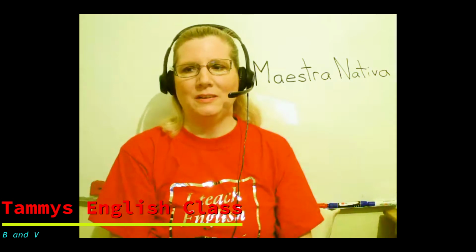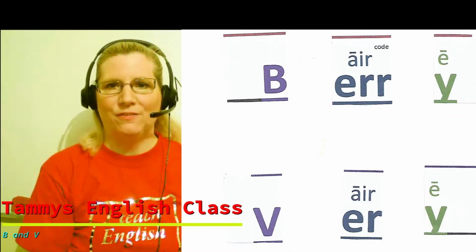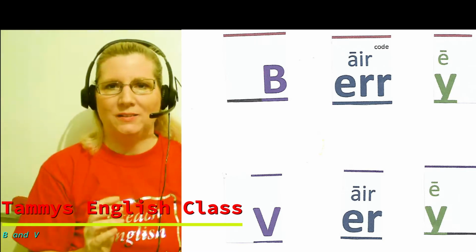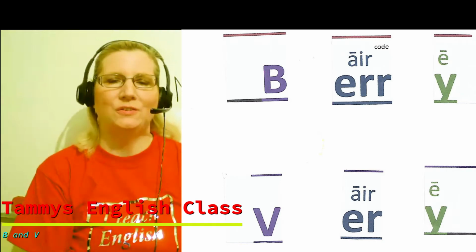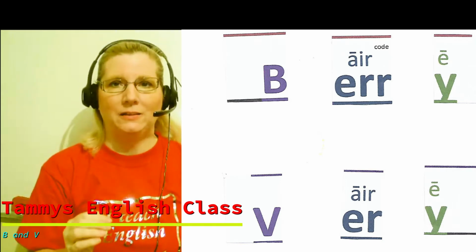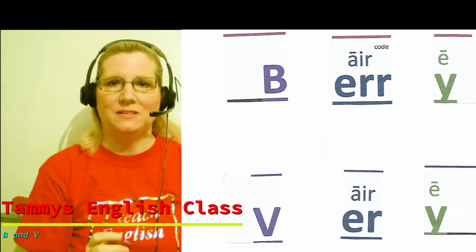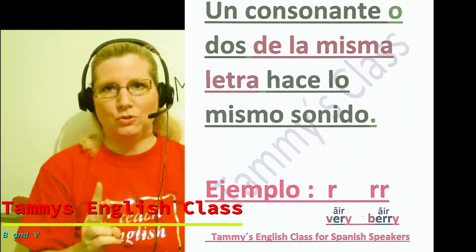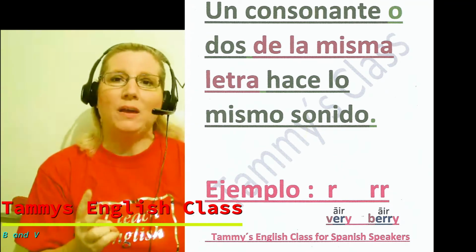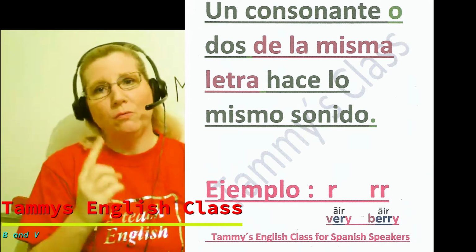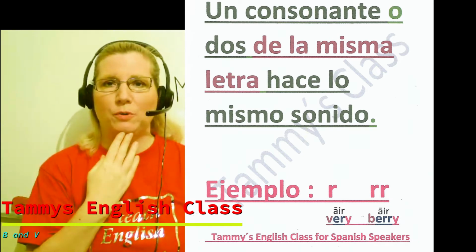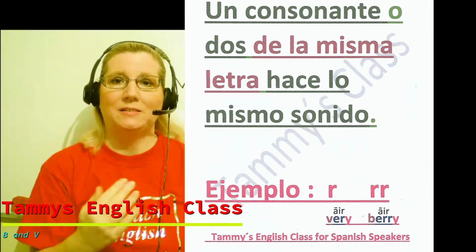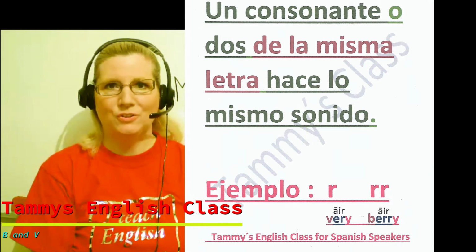You will notice in berry and very, you can see you have ERR and ER. But I want you to understand that ERR and ER is exactly the same sound because of the rule that says if you have one consonant or two of the same letter, they make the same sound. So if you have one R or two, it doesn't change the pronunciation of that word. So ERR in this case says air, and ER also says air.